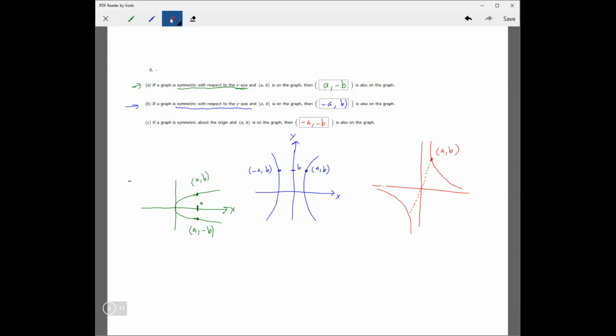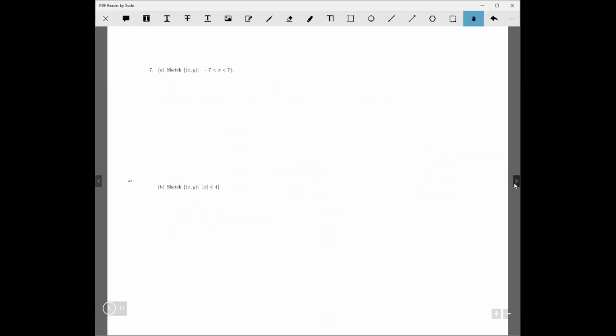There we go. Okay, so if you follow this point down through the origin and then keep going the same distance, so you make this distance the same as that distance, then you'll hit another point down here on the graph, like that. So that's an example of being symmetric about the origin. Okay, let's go to the next one.